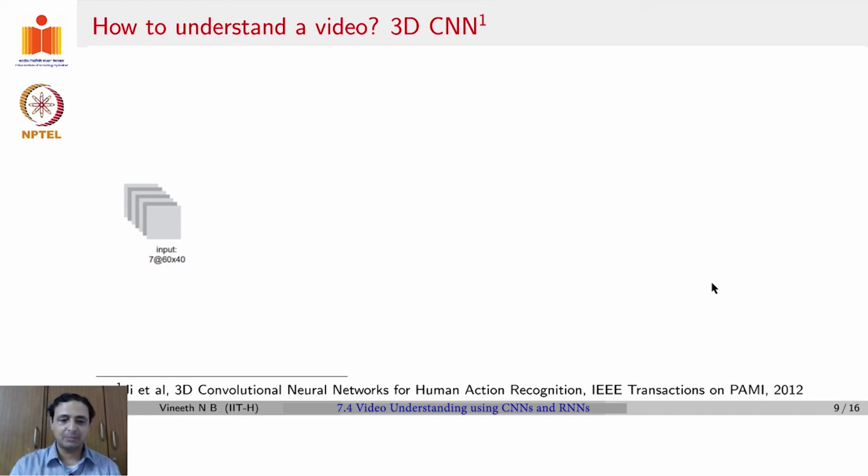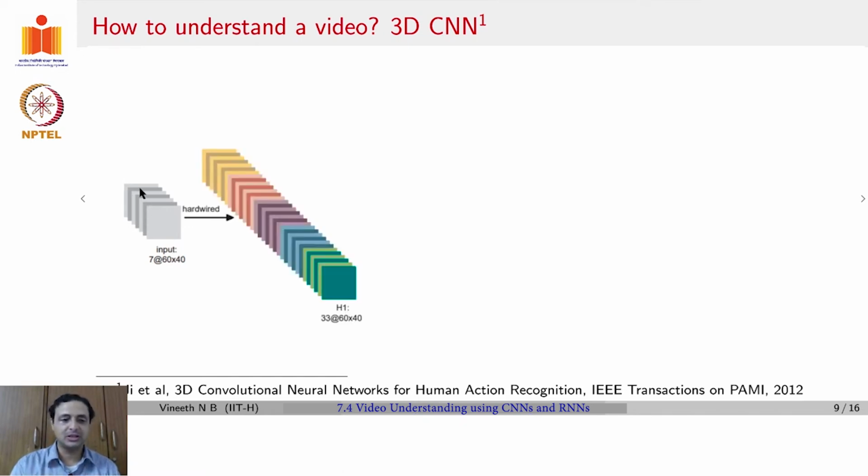In this particular example, 3D convolutional neural networks were used for human action recognition, to look at a video and predict the action. So the input was a set of 7 frames whose resolution was 60 cross 40. It was just grayscale frames. Those were the 7 frames that were considered.